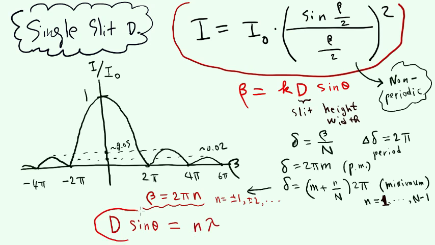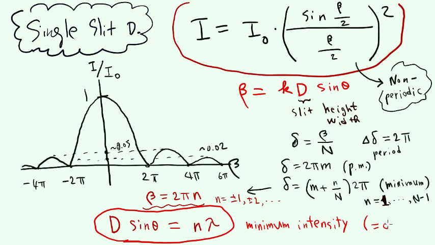So that's, in the case of single slit, the minimum intensity, and in fact this minimum intensity is zero intensity.